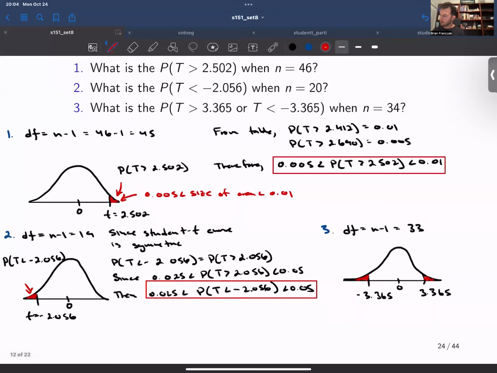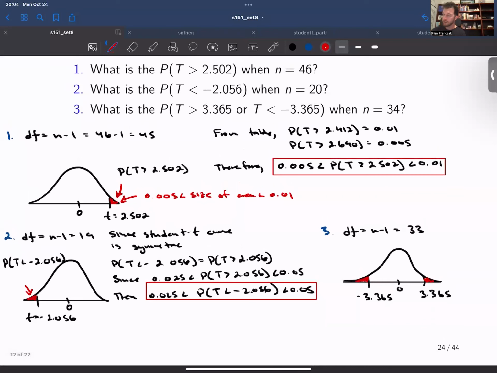Now, the trick to this problem is to, again, use the symmetry of the curve. So because the curve is symmetric, we can write that the area to the right of positive 3.365 is equal to the area to the left of negative 3.365. So their total is just 2 times the area to the right of 3.365.